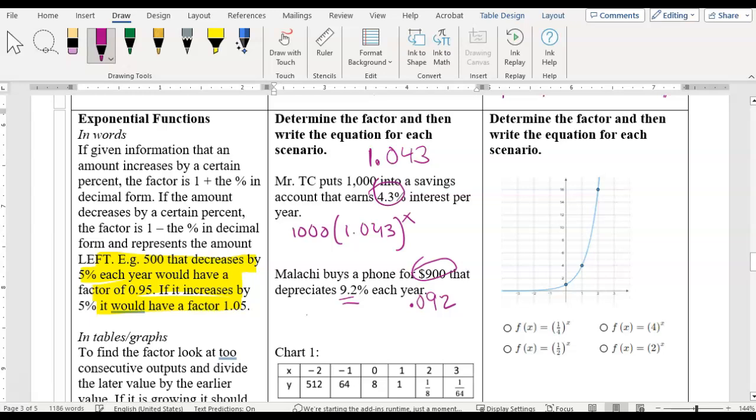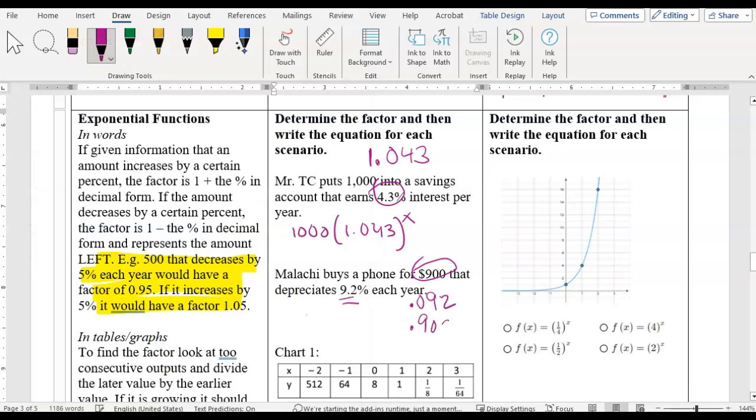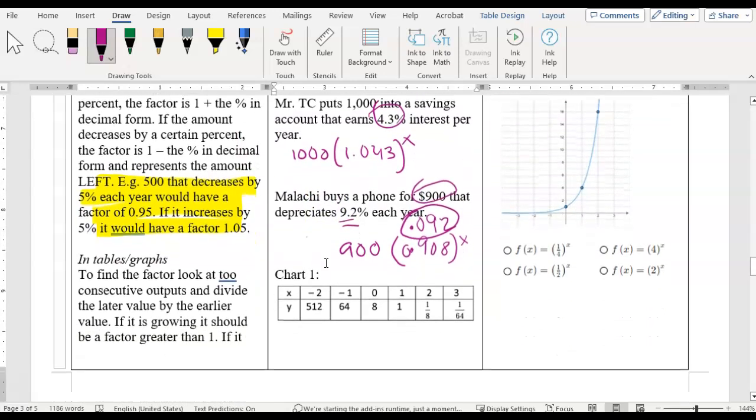So then your factor is 0.908. So we could say 900 times 0.908 to the power of x is our equation. We know that because 0.092 is what we're taking off, 0.908 is what is left over, right? So approximately 90% of that phone value is left.